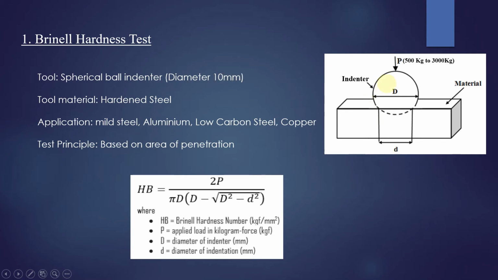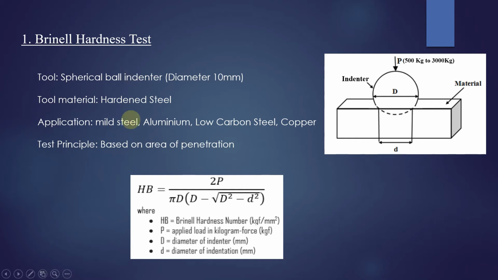Okay, and during the experiment we apply a load between 500 kg to 3000 kg, and in order to determine the hardness of the material, we maintain the load for 10 to 15 minutes.